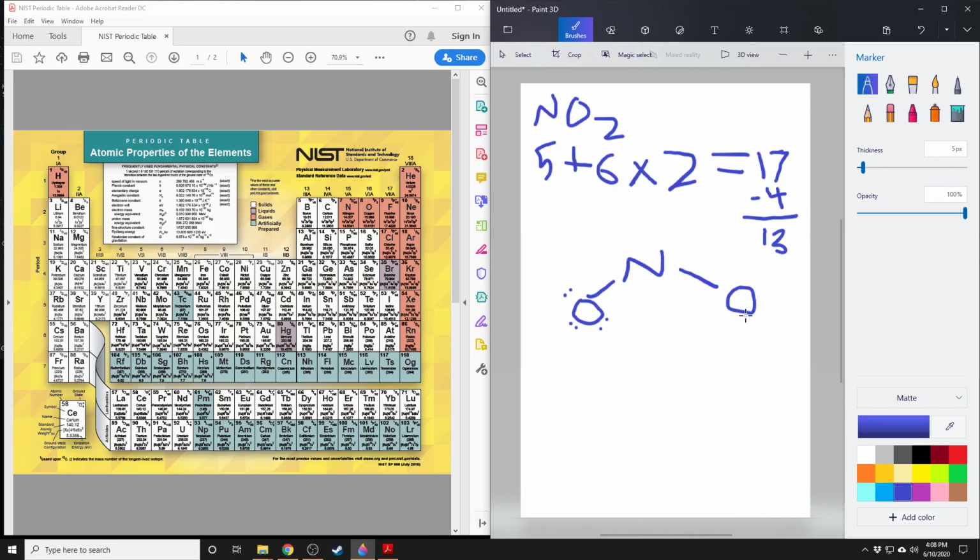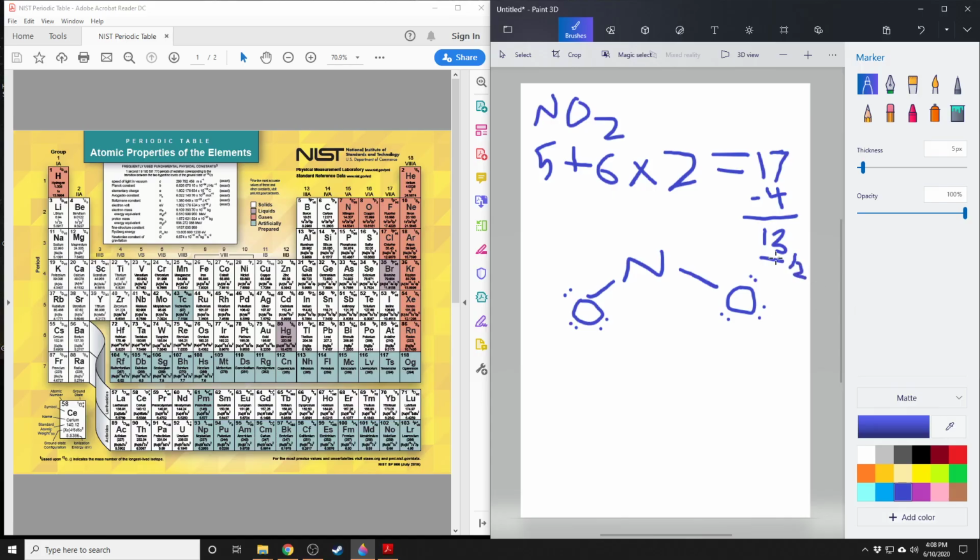This oxygen right here has a bond to it, so it needs, again, another 6 electrons. So we have accounted for 6 and 6, that would be 12 electrons, so that's going to be minus 12.